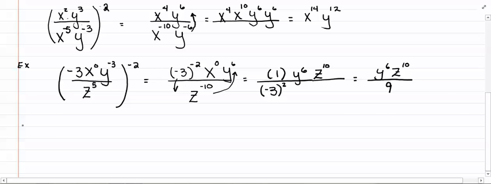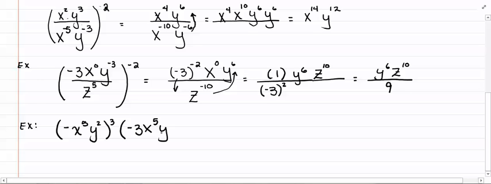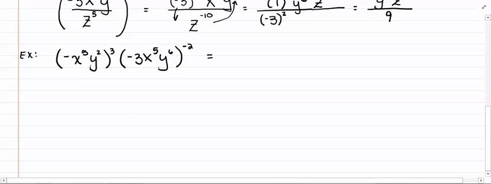As my last example, I have this one, negative x to the 5th, y squared, cubed, times negative 3 x to the 5th, y to the 6th, to the negative 2. Okay, and again, you can think of this as negative 1, and I'm going to raise everything to get rid of that outside power, get rid of the parentheses.